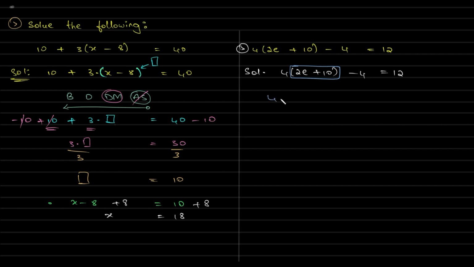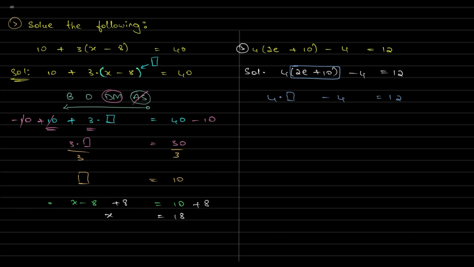So you have 4 times the box minus 4 is equal to 12. As per BODMAS, we need to eliminate the addition and subtraction and then the division and multiplication. There is no x or e over here, no variable, so the right hand side will be as it is. We're not going to handle anything over there.